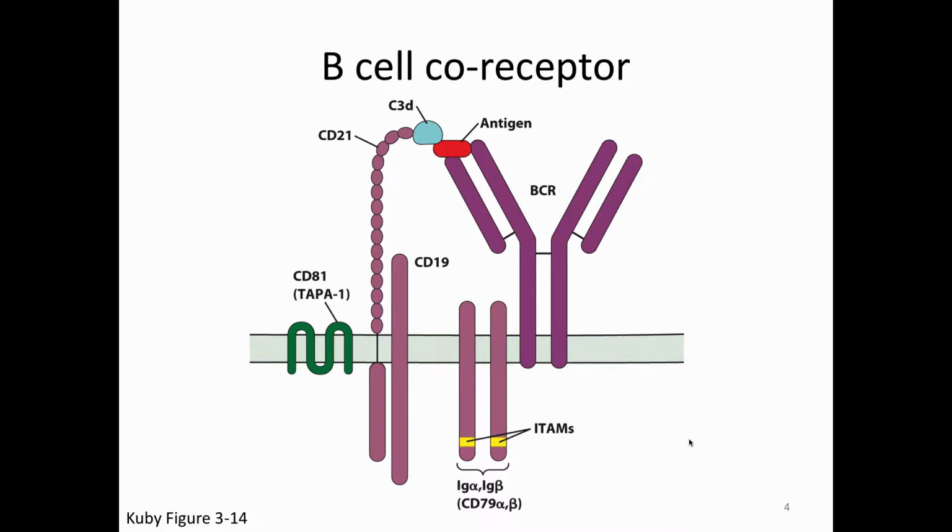I told you way back when we talked about complement that complement fixation can turn on the adaptive immune system. This is one of the ways that can happen: if we have complement on our antigen, we can bring in a co-receptor that will have the kinase. But there are a few different potential proteins that can do the job here.